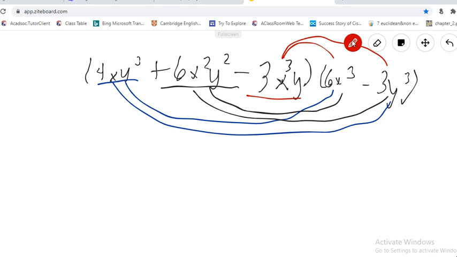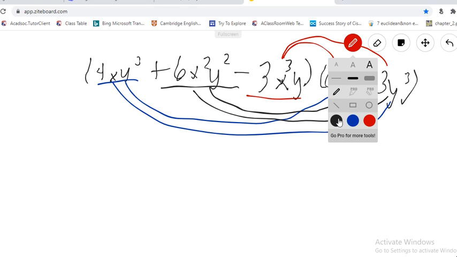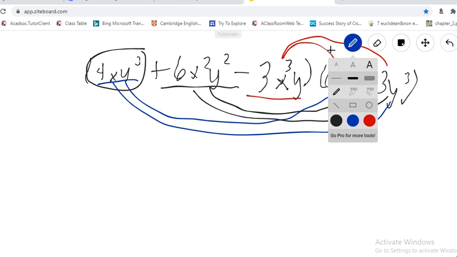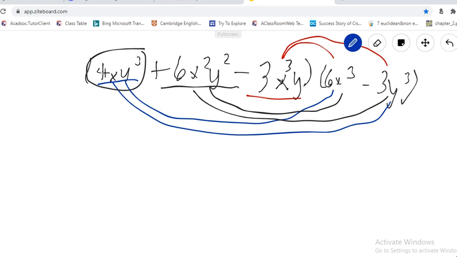Okay, so let's answer it. So here, first we start with 4x y cube. Let's use the blue pen. Okay, so 4x y cube multiplied to 6x cube, that will give us 24x raised to 4 y cube. Why?